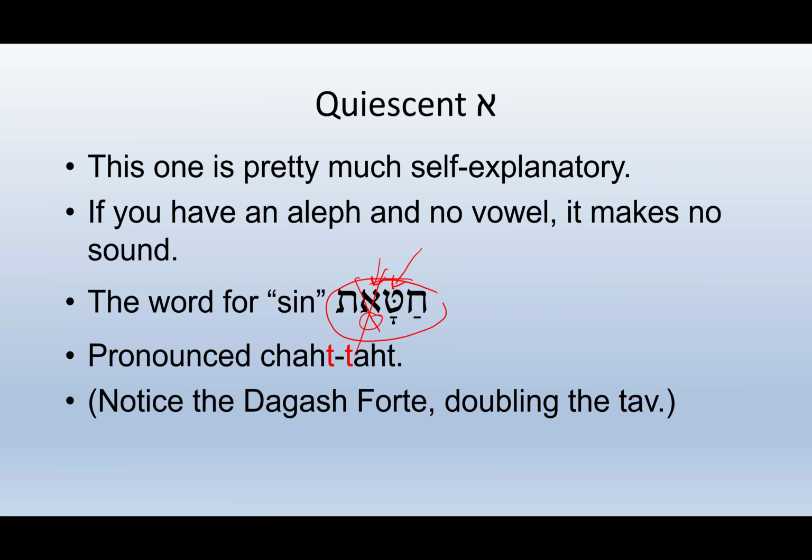I need to correct my slide, that's the wrong letter written there. It's a dagesh forte, so it's like two of them. Chat-tat, so we have chat-tat for the syllables. But that's a quiescent aleph. Pretty easy too. If it's an aleph and there's no vowel, then it can't make a sound.